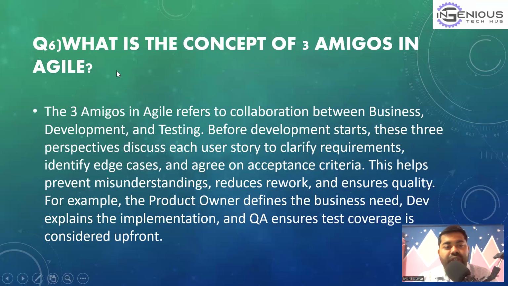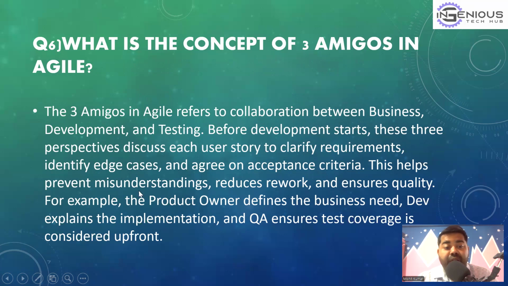Next question: what is the concept of three amigos in Agile? The three amigos in Agile refers to the collaboration between business, development, and testing. Before development starts, these three perspectives discuss each user story to clarify the requirements, identify edge cases, and agree on acceptance criteria.